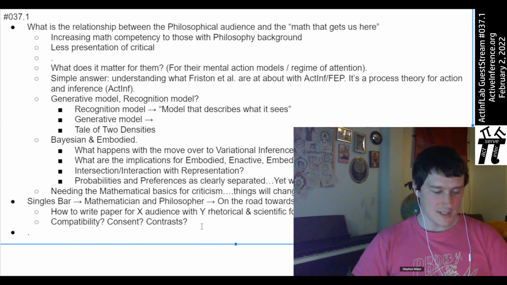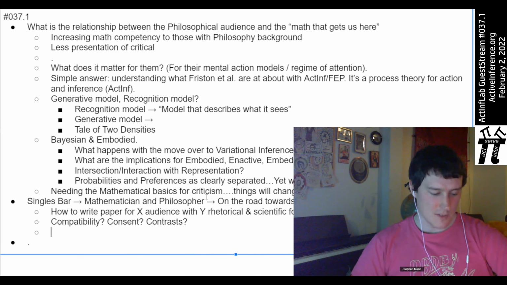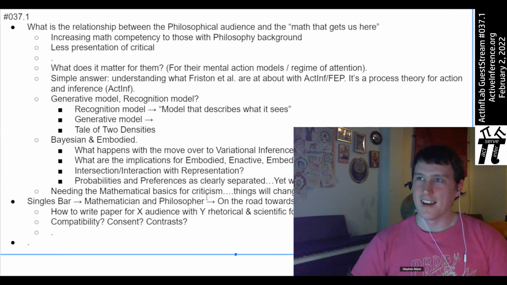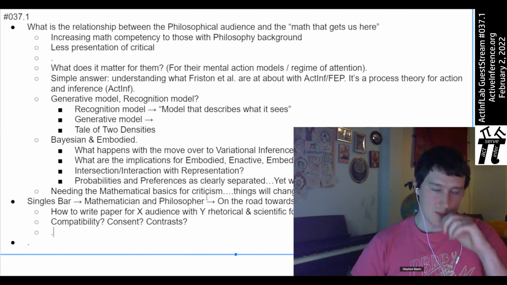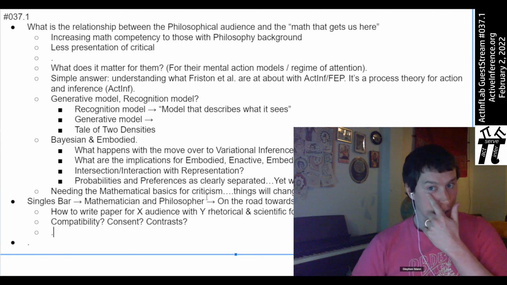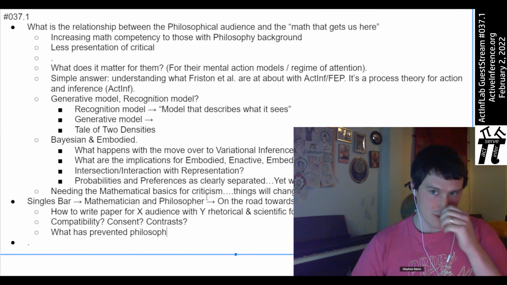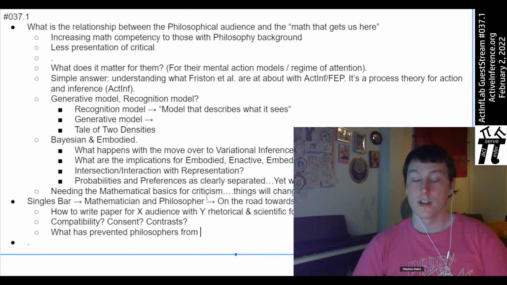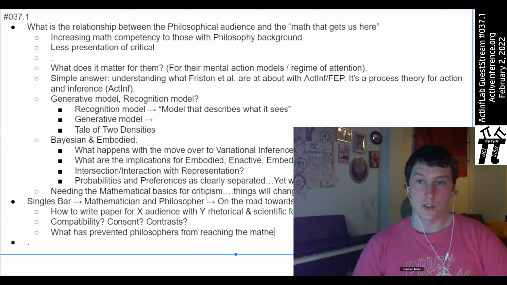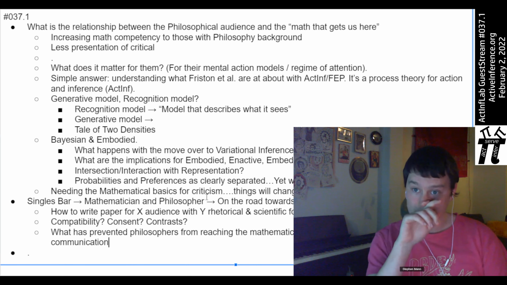I think that, trying hard not to repeat myself too much, the way I try and think about that question is to think about what has prevented philosophers from really accessing the mathematical parts of active inference so far. That's from communicating with philosophers and hearing their dissatisfaction with it. It was always just that there was too much of it too fast.